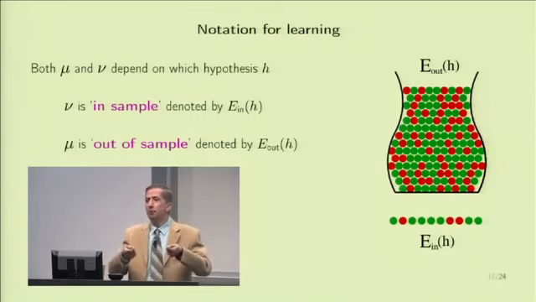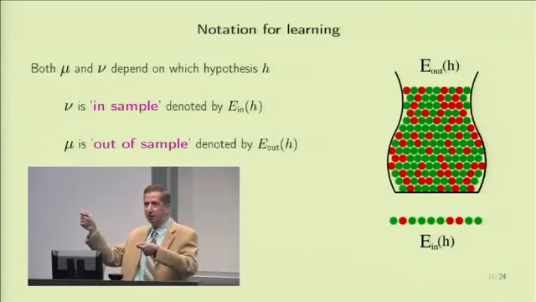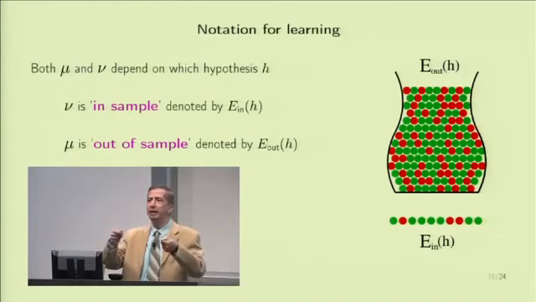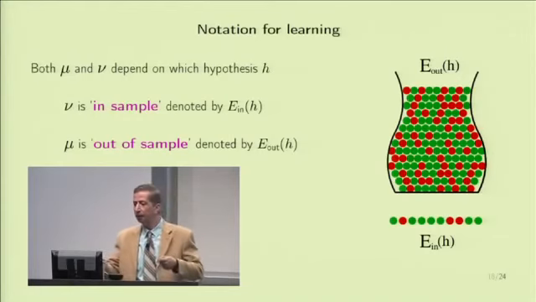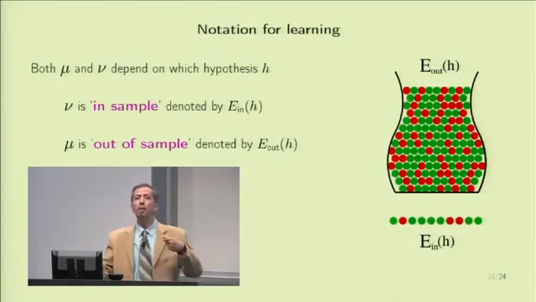Well, for the in-sample performance, you are trying to see the error of approximating the target function by your hypothesis. That's what E_in is. So obviously it depends on your hypothesis. Someone else picks another h, they will get another E_in of their h. Similarly, E_out, the corresponding one, is E_out of h. So now what used to be nu is now E_in of h. What used to be mu inside the bin is E_out of h.